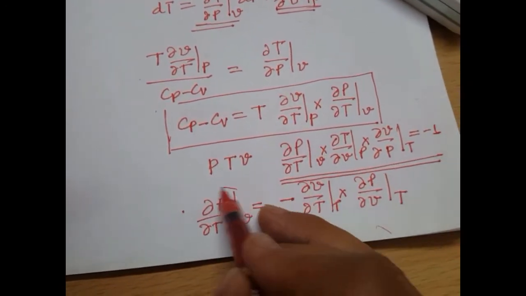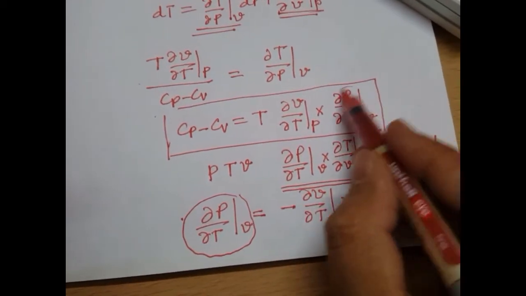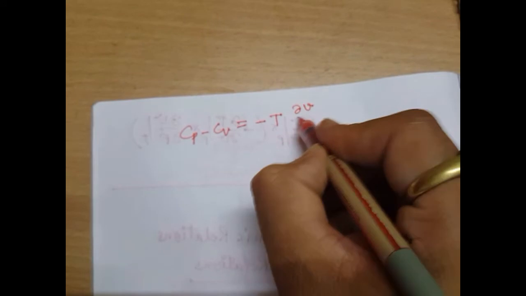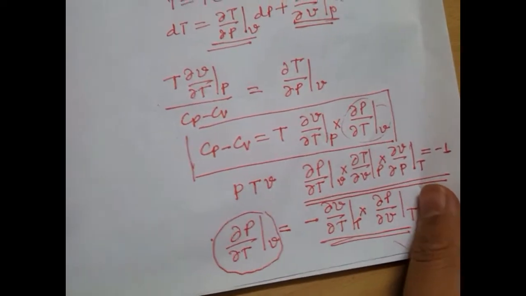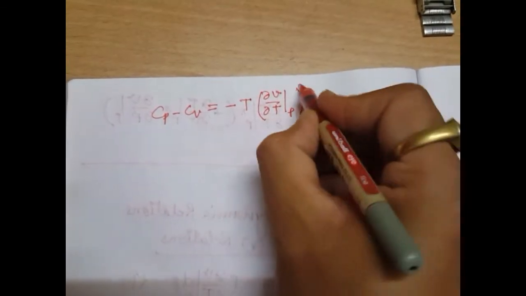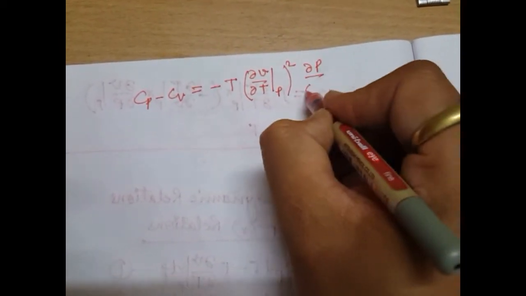Substituting this relation for del P by del T at constant volume here, we will get Cp minus Cv is equal to minus T (del V by del T at constant pressure) whole square into del P by del V at constant temperature.